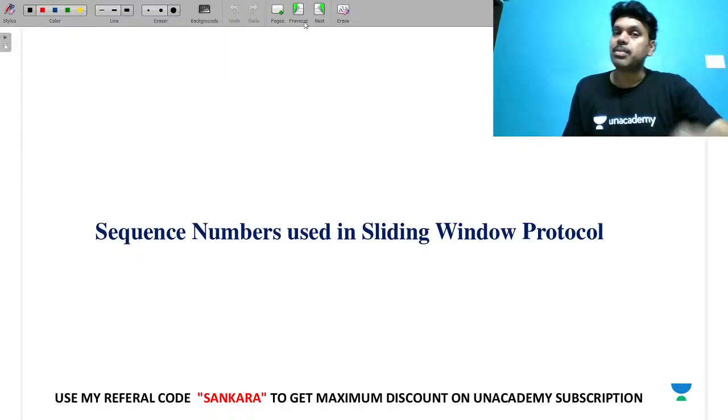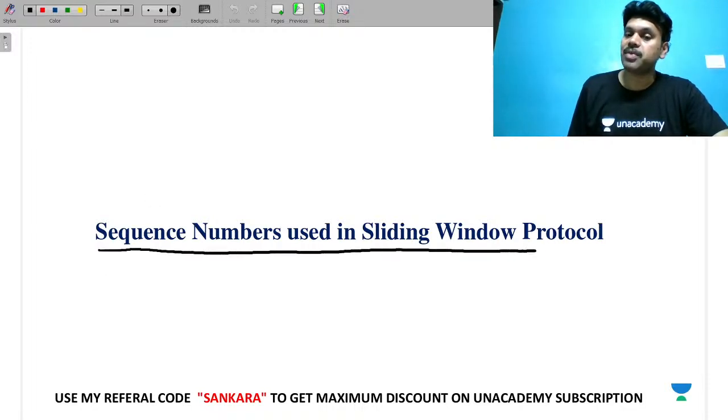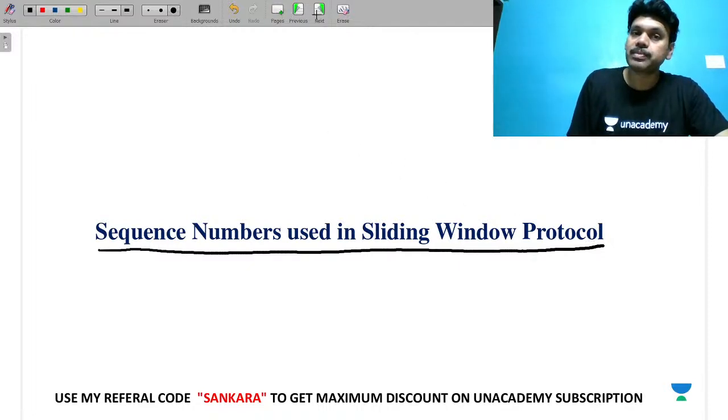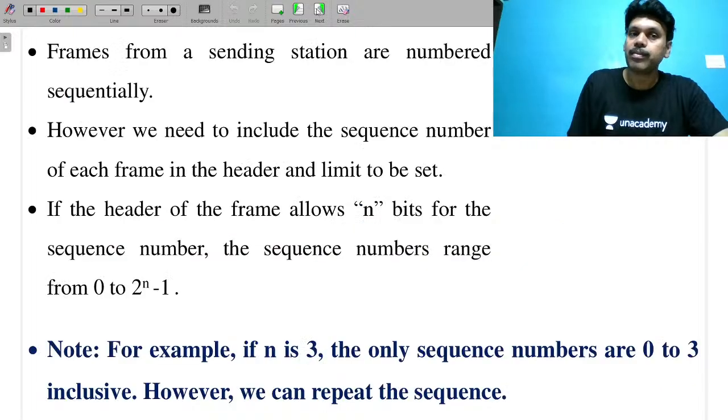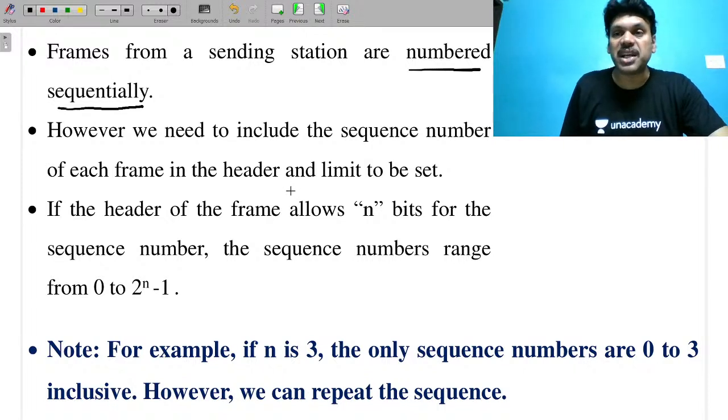Now, sequence numbers. This is the third part in the sliding window. So how are the sequence numbers designed for your window size, especially in the sliding window protocol? Frames from the sending station are numbered one by one. But there is a need for a limit, so the frame sequence number is predefined and set in the header.